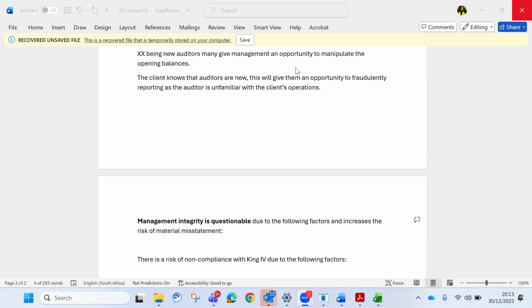How can centralization increase your risk of material misstatement? Let's say this is one big company, like ShopRite.